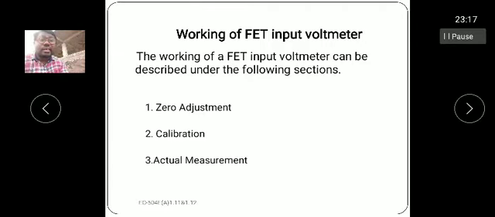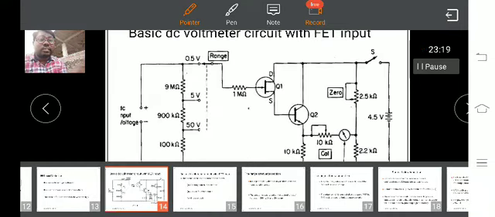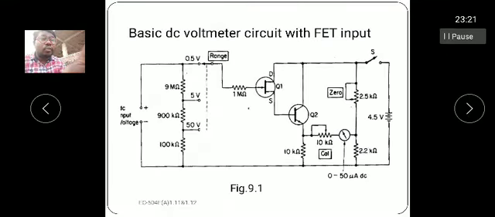Based on this circuit, I am again showing the circuit here. The unknown voltage is connected across these particular terminals, and the switch is here. Initially we apply the power supply to the circuit when switch S is closed, and the test terminals T1 and T2 are shorted.